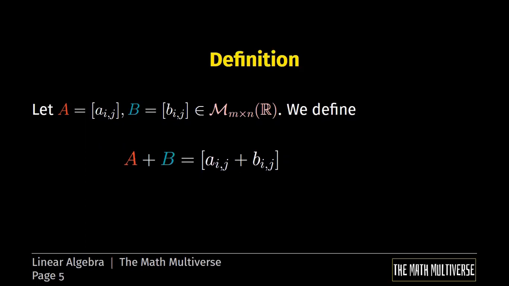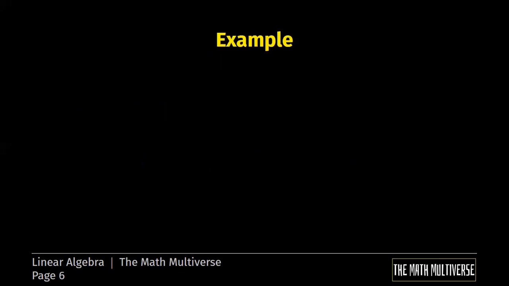Of course, we need to observe that the matrix that we just defined, A plus B, is a matrix of the same order as the matrices A and B. So it belongs to the same big set, the pink set that we defined in the previous slides.